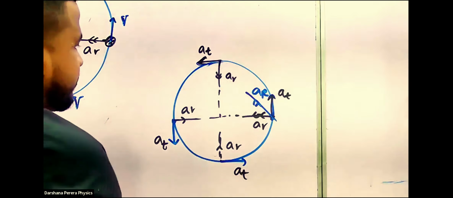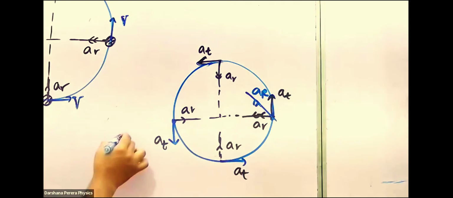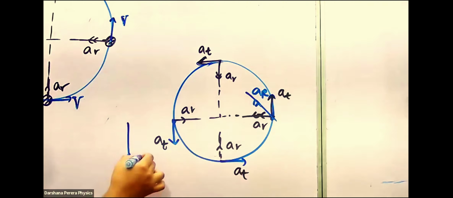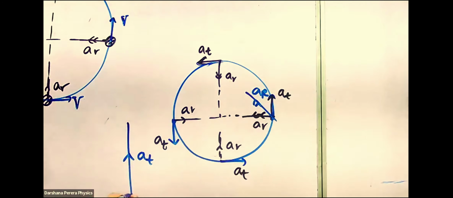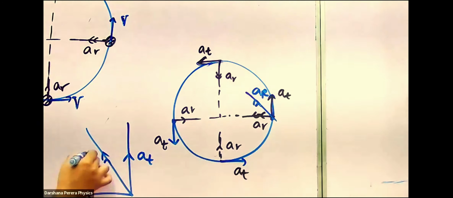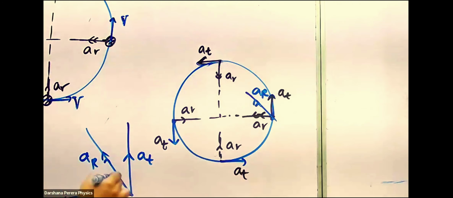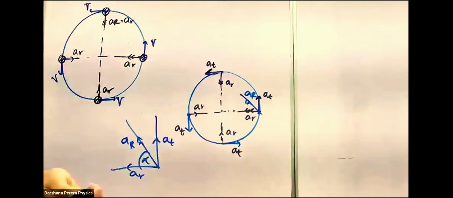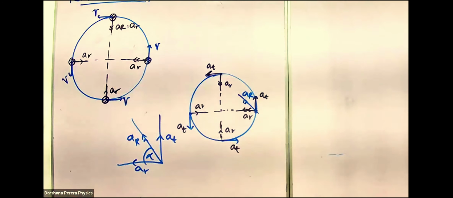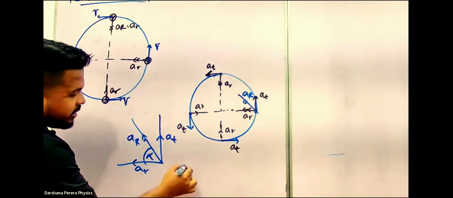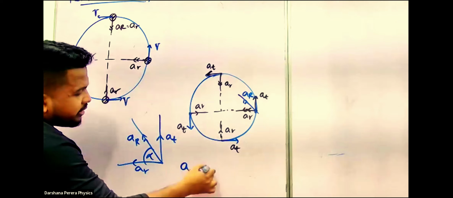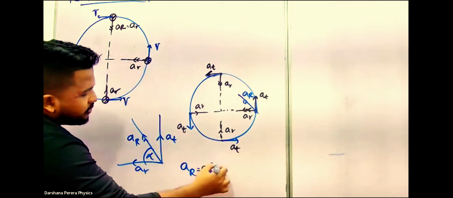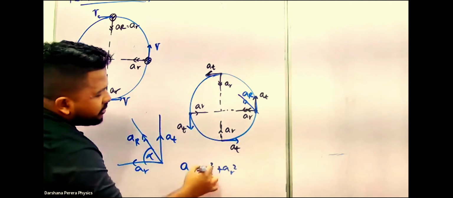Okay. When I draw it like this, the AR in this direction, right? Now, AR equals the root of AT square plus AR square.